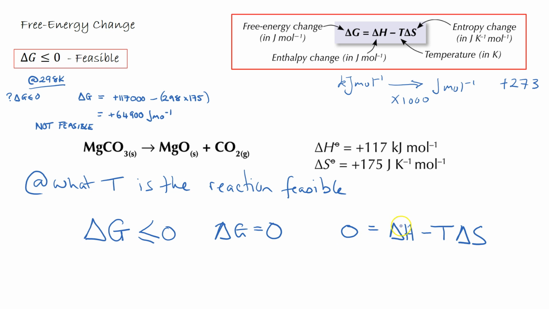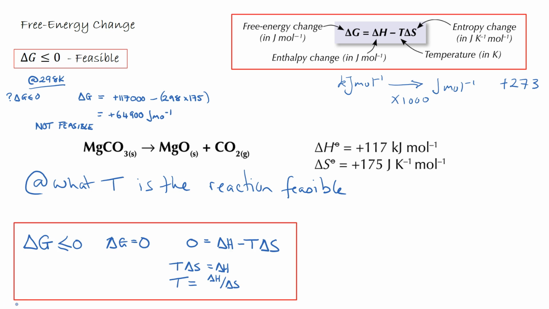And if we follow this through, then we have T delta S is equal to delta H. And if we then just simply bring the entropy change onto the side on its own, the temperature is equal to delta H divided by delta S. And what this will give us is the temperature at which the reaction becomes feasible.